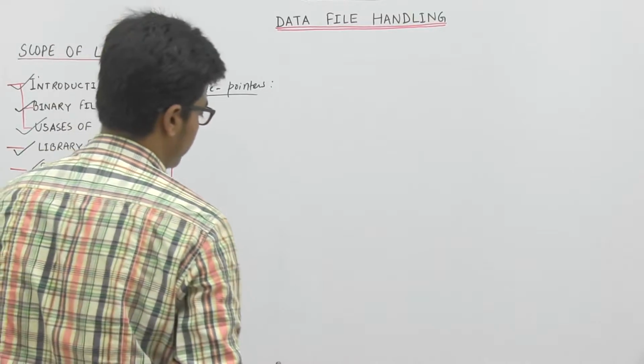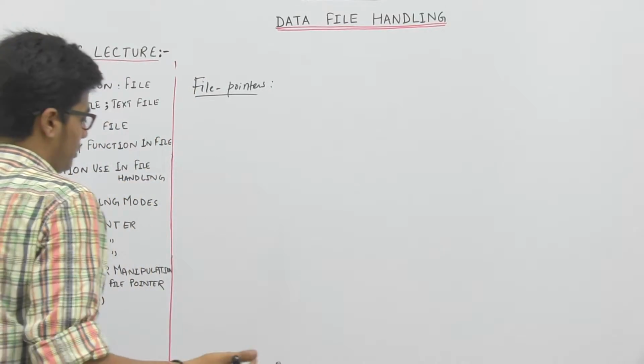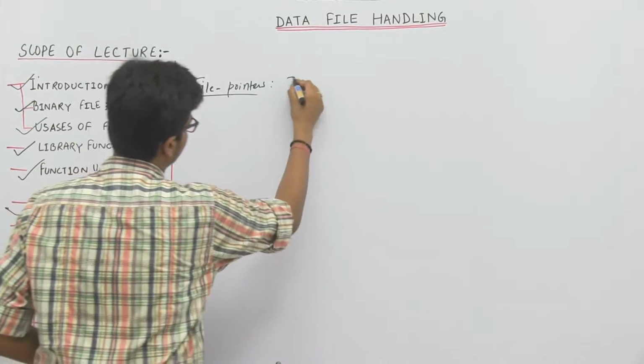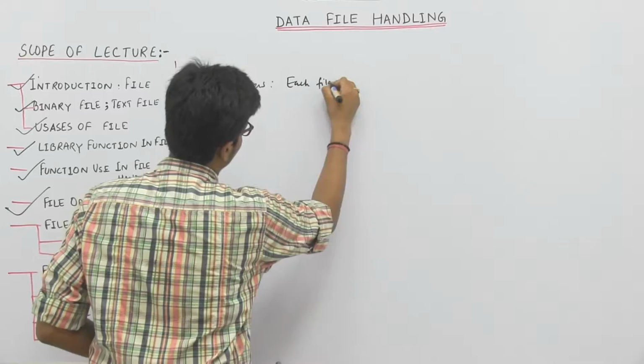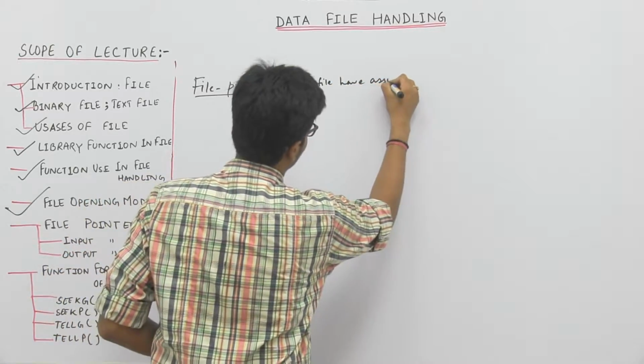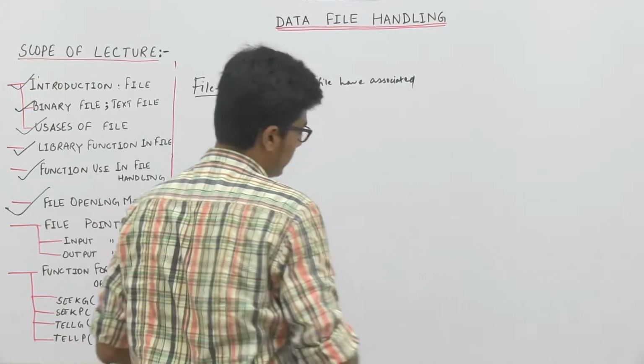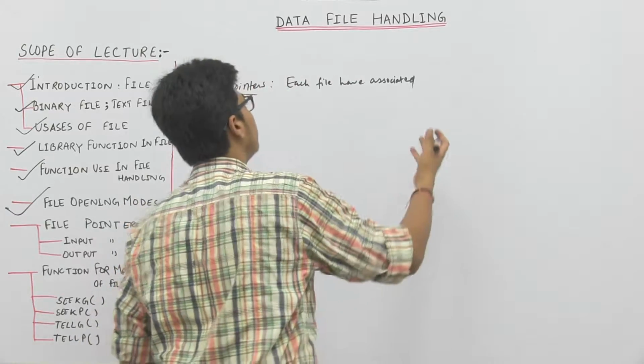So file pointer, basically each file has two associated pointers known as file pointers. We can write: each file has associated pointers known as file pointer.